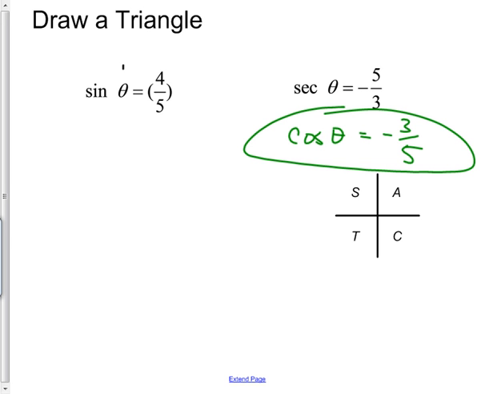Yeah, you do inverse cosine of both sides. Don't forget the negative. Inverse cosine of negative 3/5, and what did you get? Theta is 126 point something, around 127 degrees.